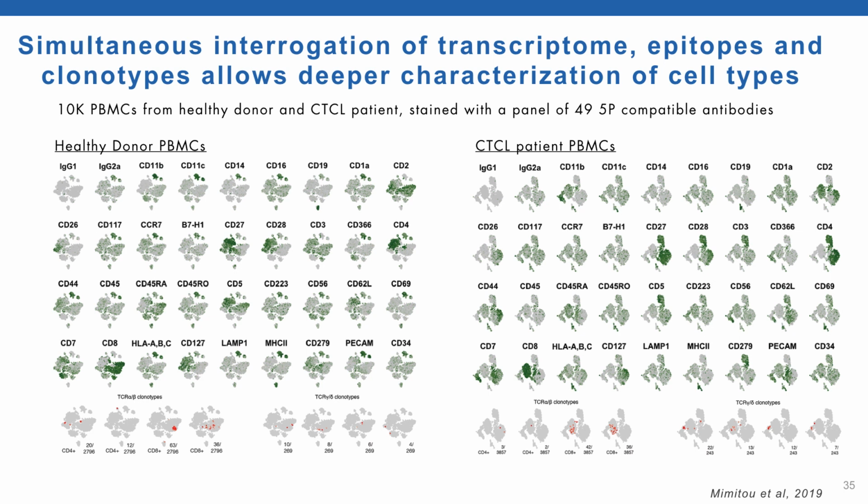You can see differential expression of, so here CD8 and CD4 in different populations of T cells, for instance, just stands out. But we can also attain clonotype information, such as TCR alpha beta over here and TCR gamma delta over here.